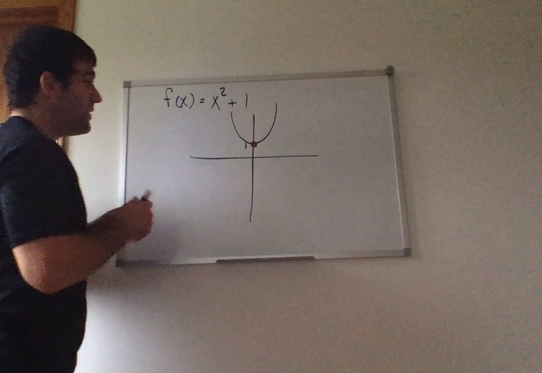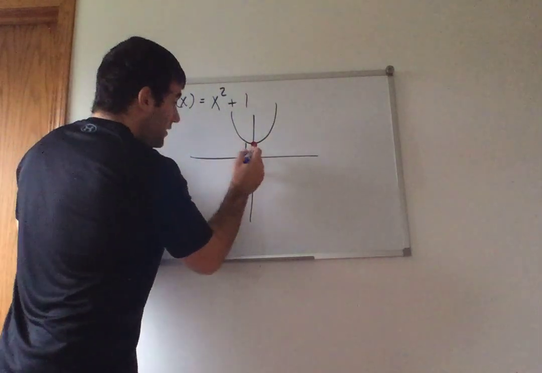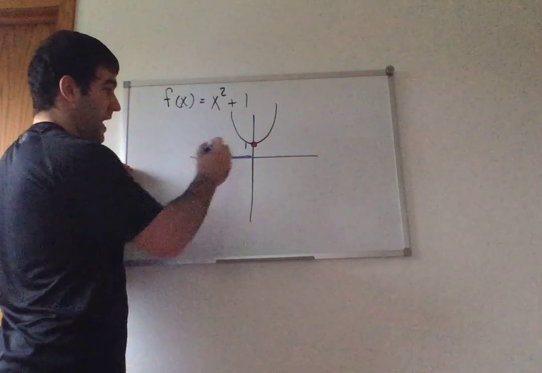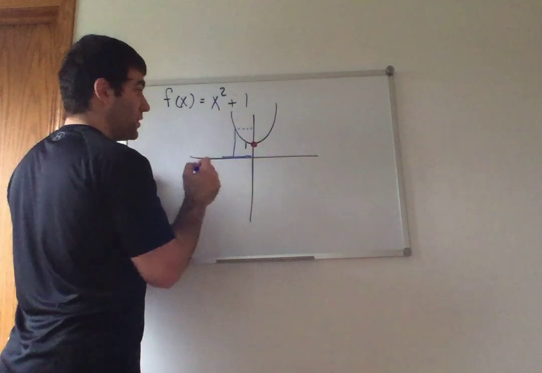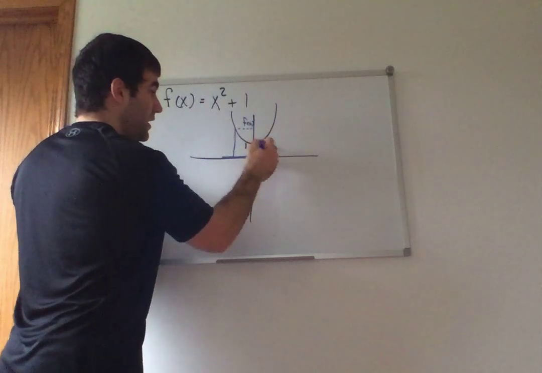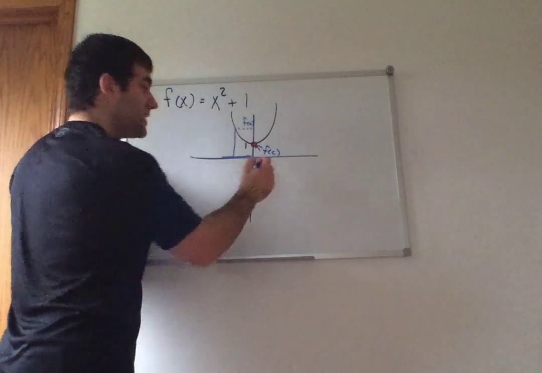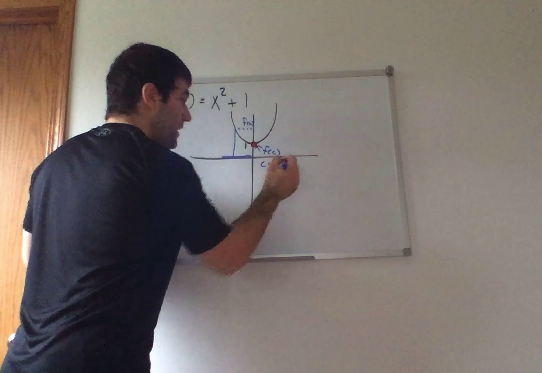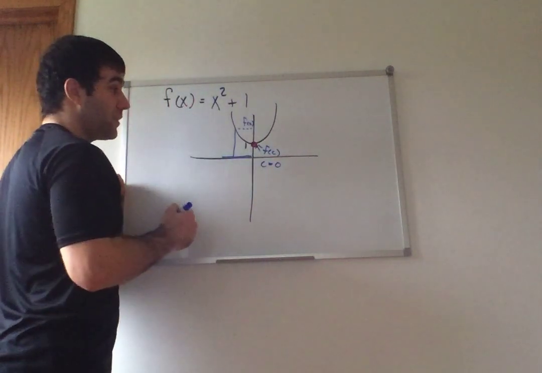Well, in any case, any number I pick in the domain, just any x value, if I go up to the graph and go over to the y-axis, this would be my f of x. This right here is my f of c. In this case, because we have a concrete function, c is equal to 0, so it's really f of 0, which is also equal to 1.